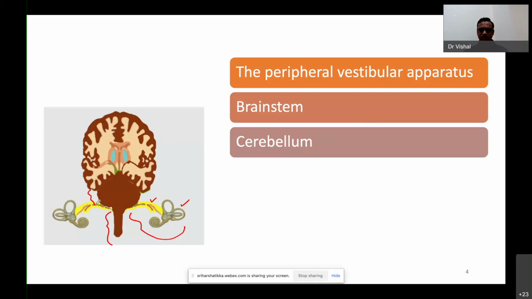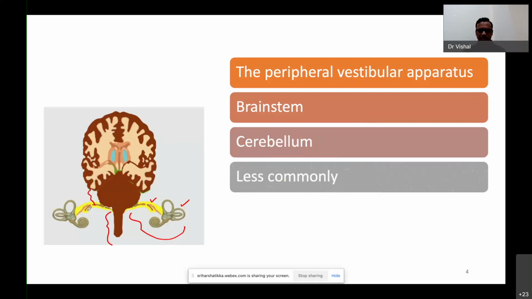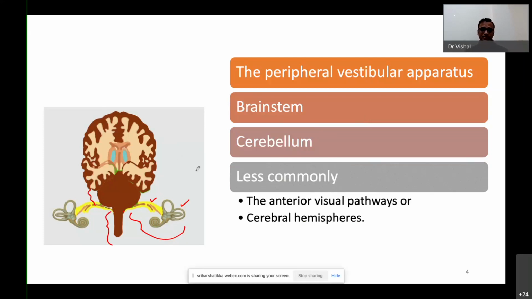Sometimes, less commonly, it can happen because of anterior visual pathway defects and cerebral hemispheric lesions, which usually manifest at birth. It presents as a developmental disorder, and the nystagmus can start appearing 8 to 12 weeks after birth, which is called the infantile variety of nystagmus.